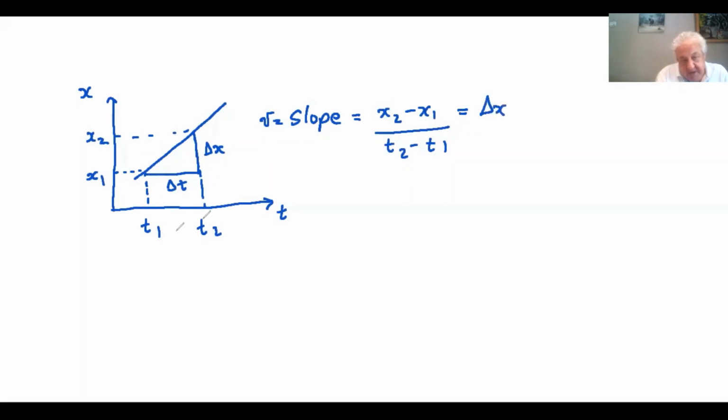Similarly, T2 is bigger than T1, so this interval will also be positive. So I have a positive slope. Distance over time is the definition of velocity. So the slope on a distance time graph gives me velocity. And the movement here is in the positive x direction.